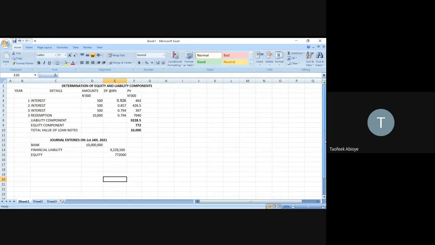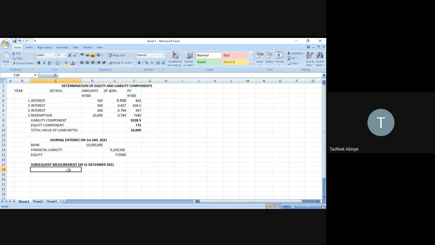We are going to subsequently measure it at the effective interest rate method of IFRS 9, on 31st December 2021. The one we used when we did our lease.